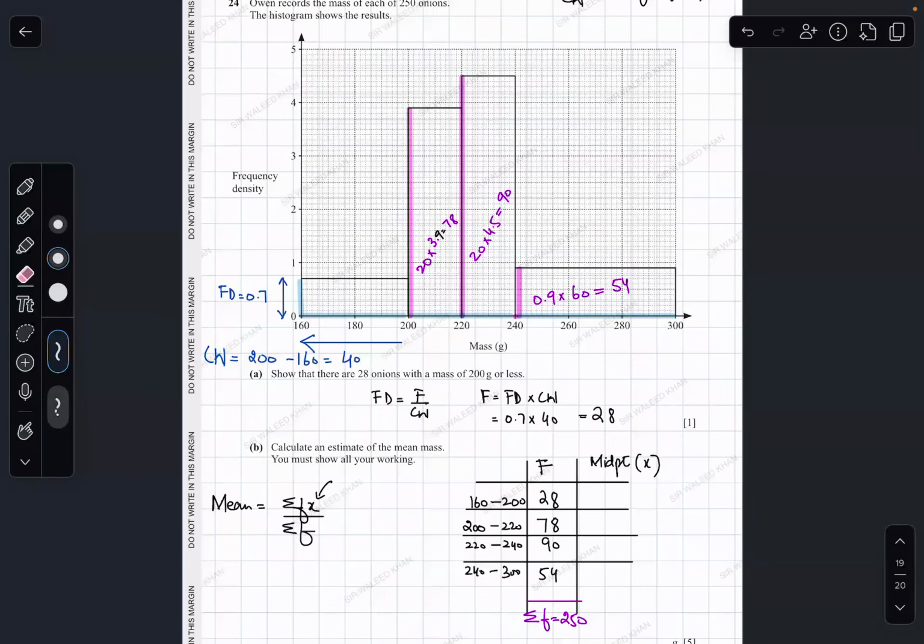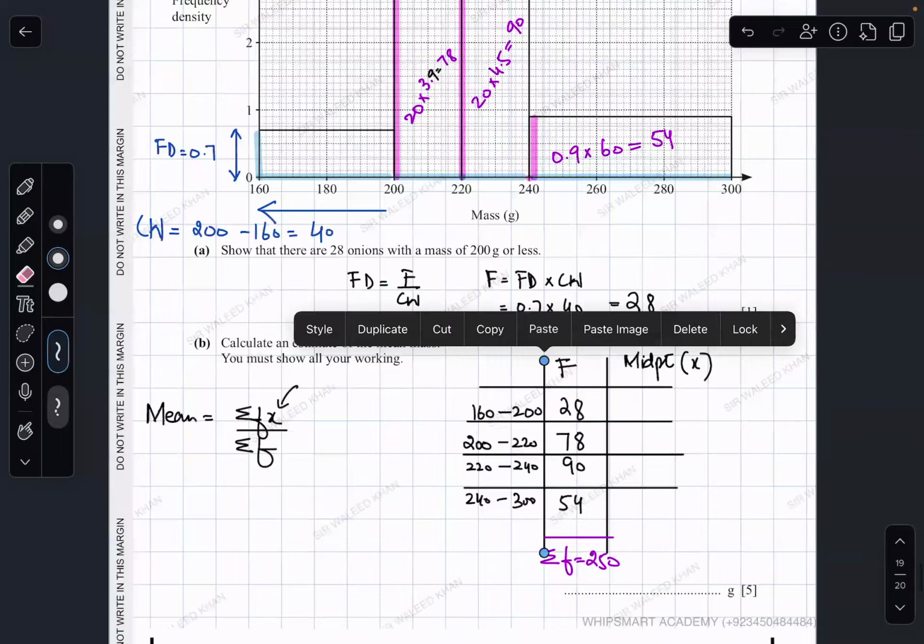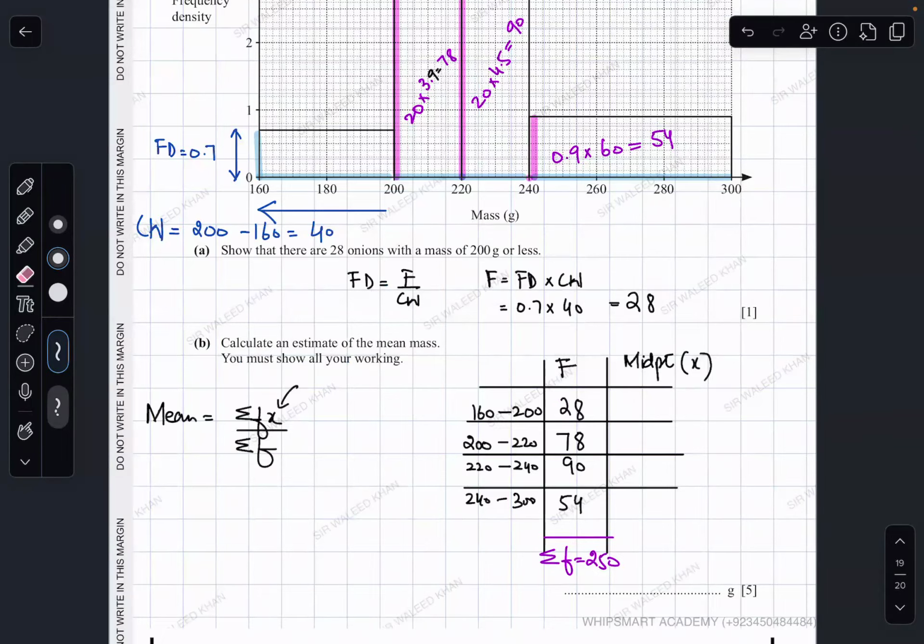Yes. What is the midpoint for the first one? 180. The midpoint is the upper limit plus the lower limit divided by 2. So this is 180.